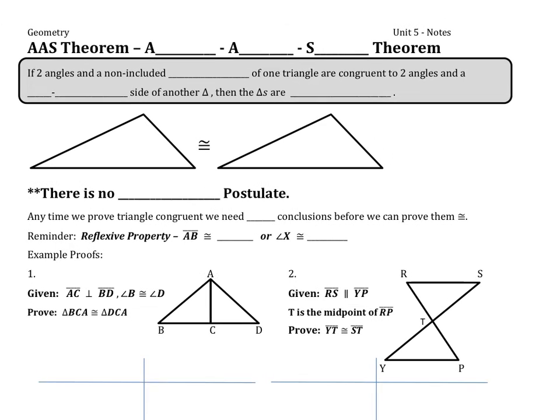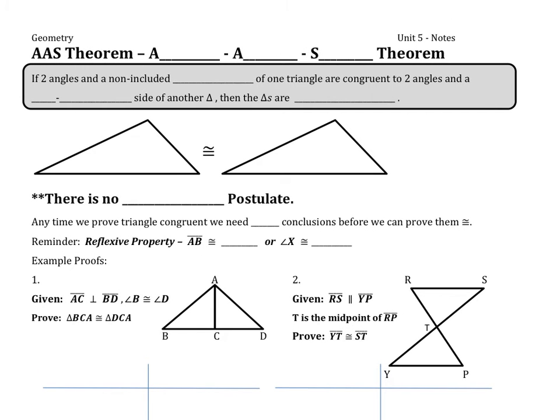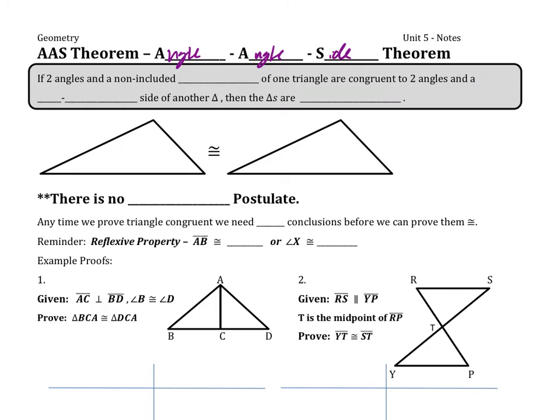Okay, so our last postulate is going to be the angle-angle-side theorem. This is where if we have two angles and a non-included side of one triangle are congruent to two angles and a non-included side of another triangle, then the two triangles are congruent.